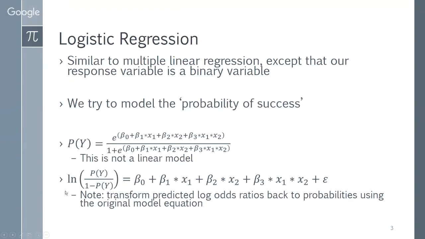Our response variable might be transformed, but the regression parameters and the explanatory variables are always going to look something like this. That's a generalized linear model. So for multiple linear regression, the errors were normally distributed and there was no transformation. For logistic regression, we're using the log odds transformation, and the errors will follow a binomial distribution, basically.